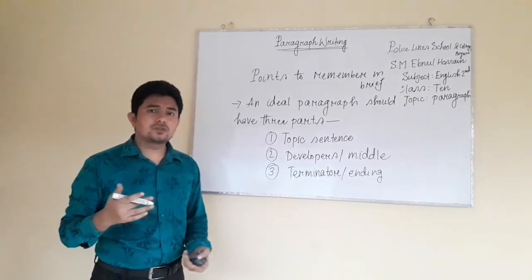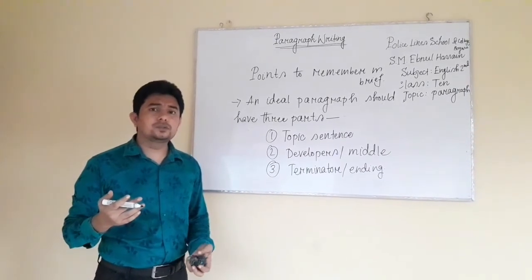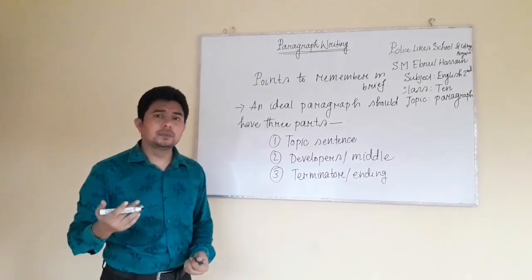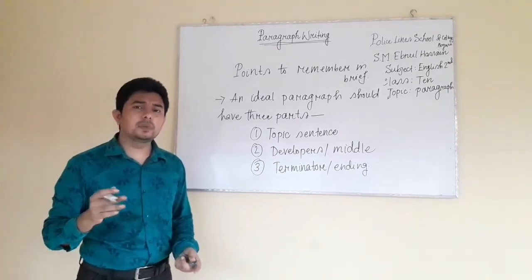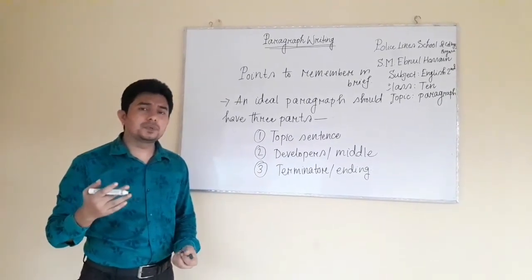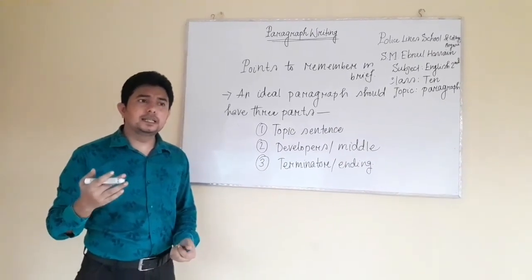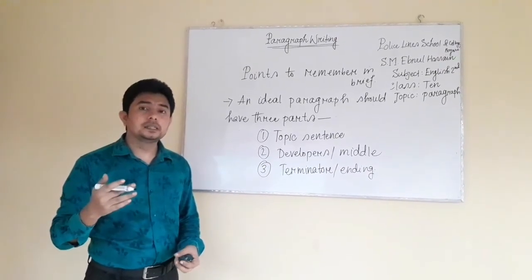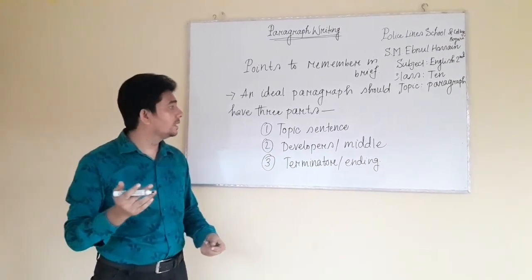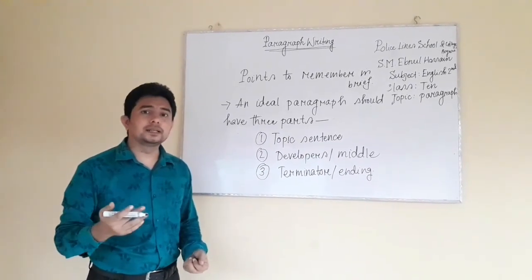The answer is that there is no hard and fast rule about the length of an ideal paragraph. Your paragraph may contain 3 lines or 4 lines, and it may even contain 15 or 20 lines. That means an ideal paragraph needs the minimum number of lines necessary to develop these 3 parts: topic sentence, developers, and terminator or ending.